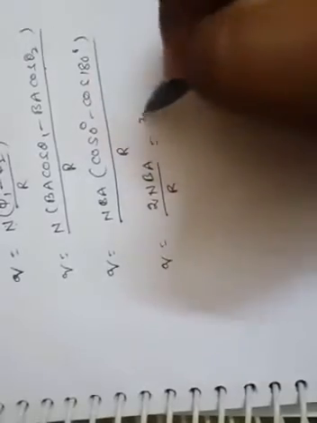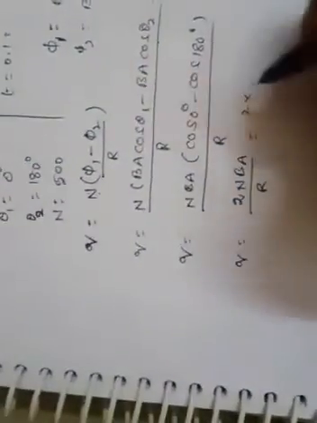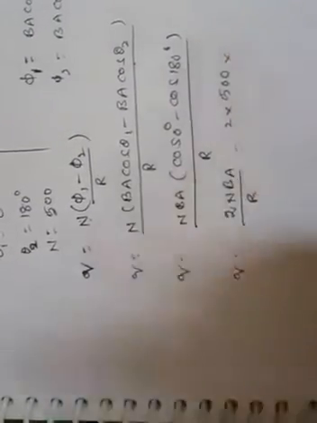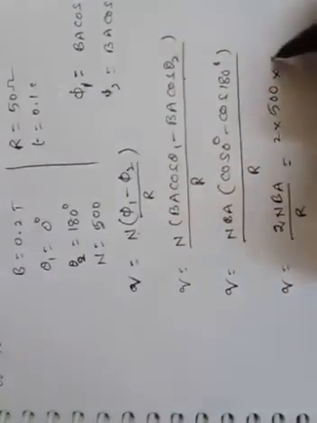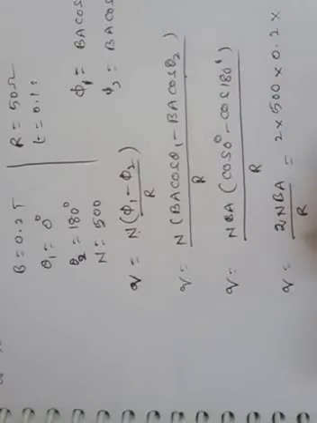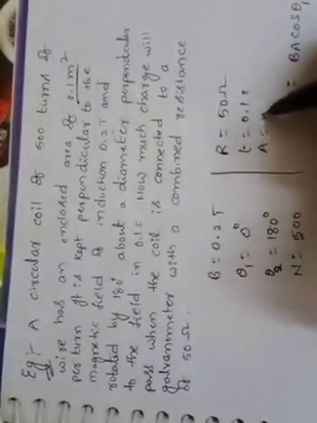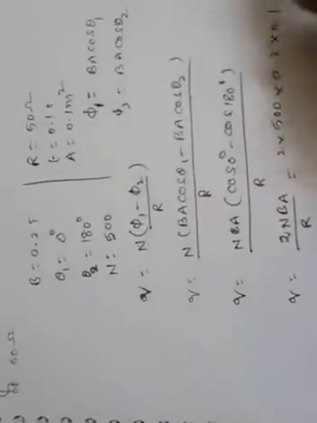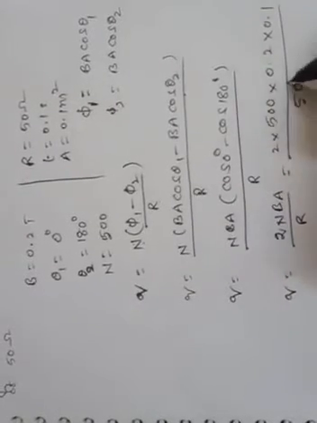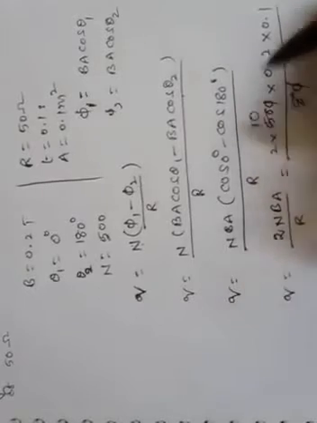Now substitute the values. 2 into n, which is 500, into B, which is 0.2 Tesla, into the area, which is also given in the problem as 0.1 meter square, divided by the resistance, which is given as 50. Here the zeros get cancelled, 5 ones are 5, 5 tens.